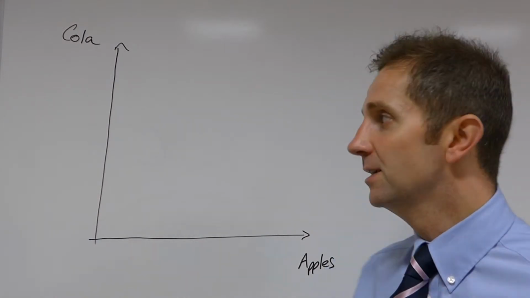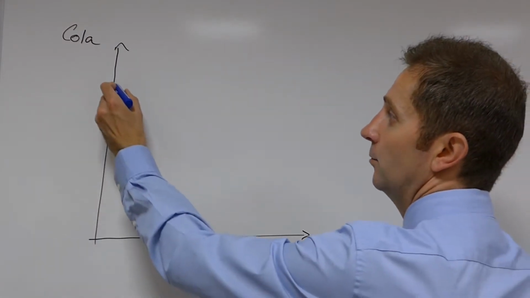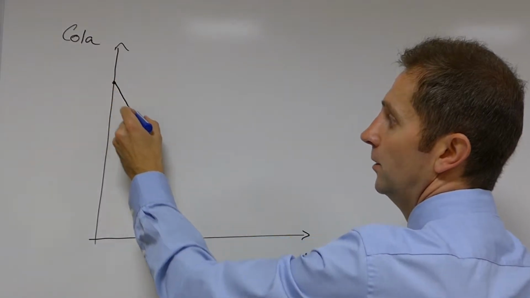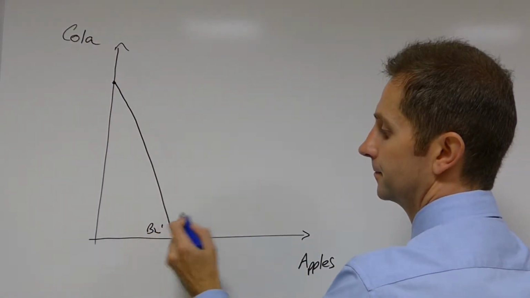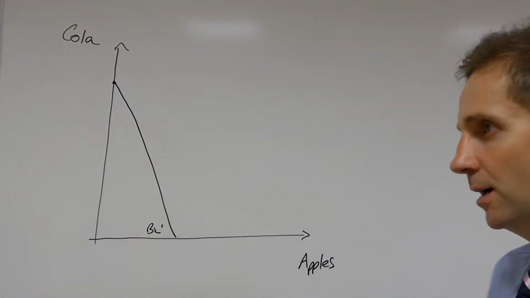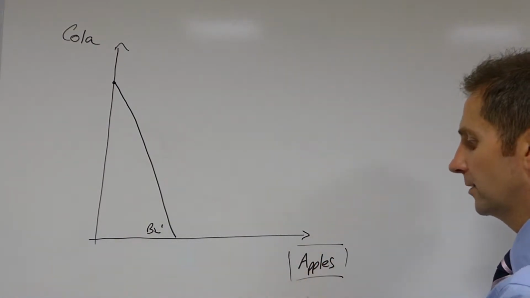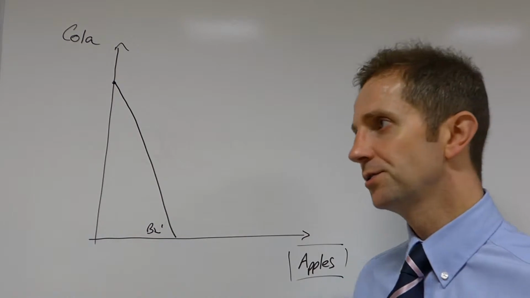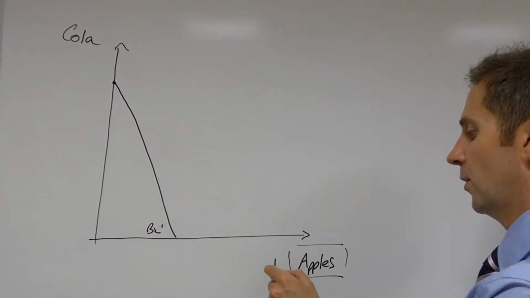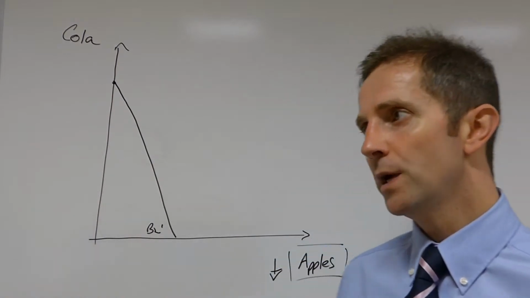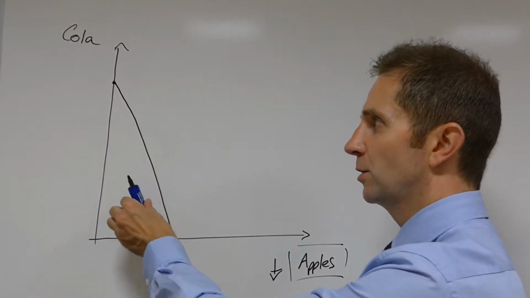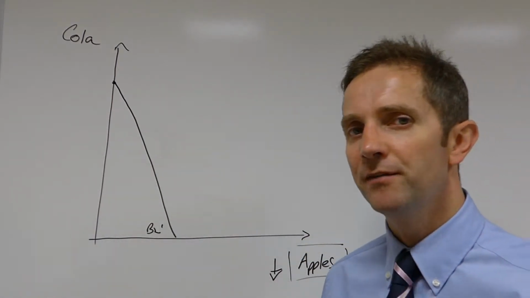So our start point, ladies and gentlemen, is as ever, we have budget line 1, comme ça. And the example here is that the price of apples falls. So we're looking at a reduction in price. So we know therefore that the budget line is not going to be shifting, it is going to be pivoting.